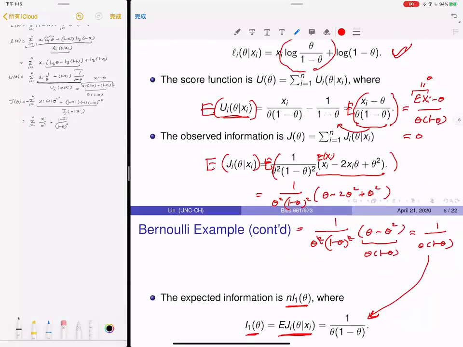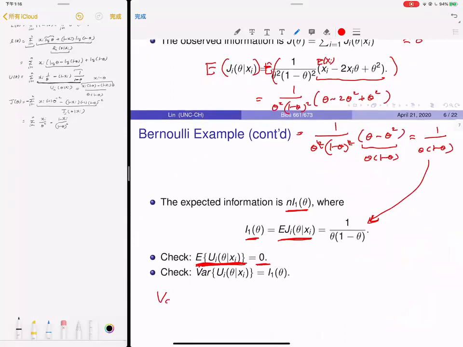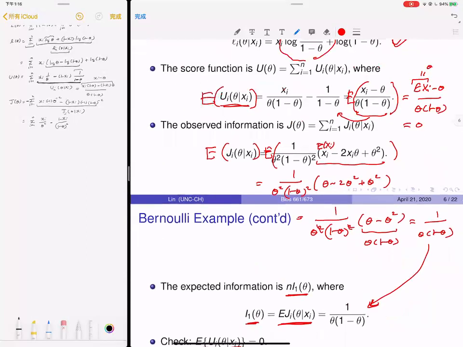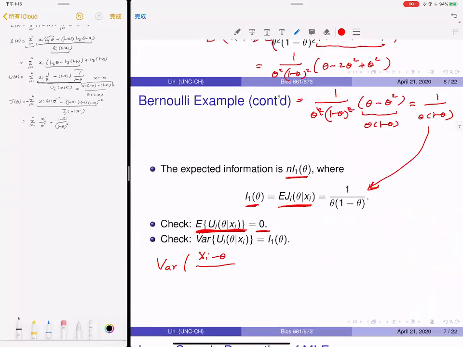Then how about variance? You could do the same thing. You do know your score function Ui is xi minus theta divided by theta times 1 minus theta. You're deriving variance, so it should be easy for you right now. You do have a constant; you take it out of the variance by squaring it.